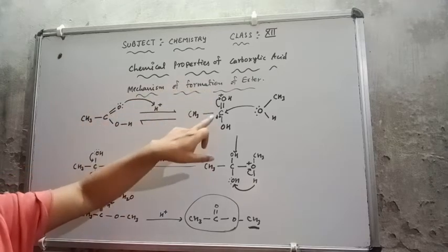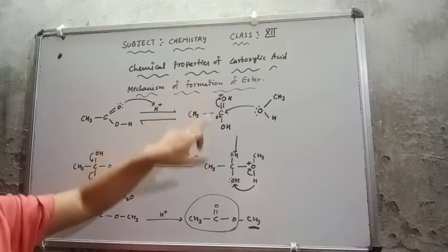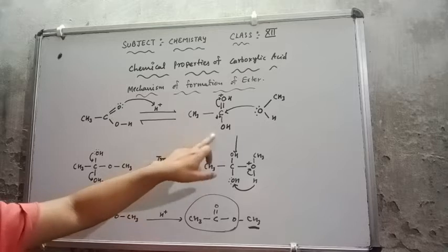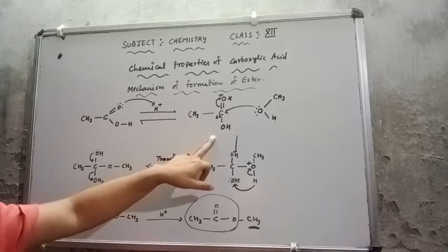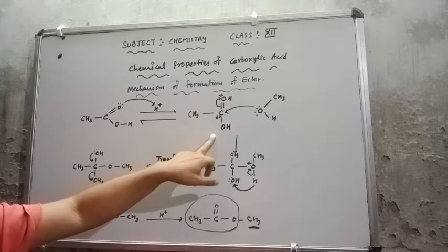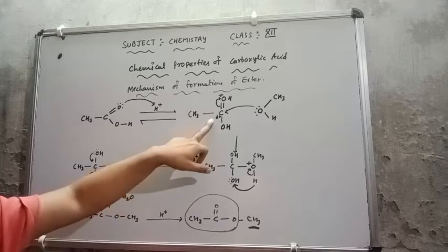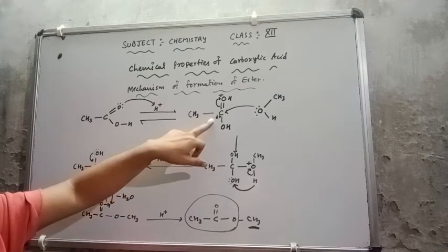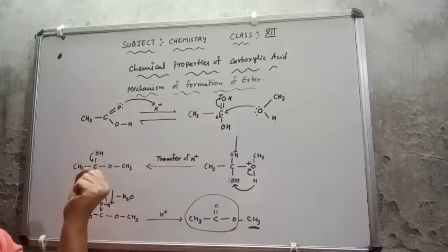Now you will see on this carbon both sides oxygen is available, meaning a more electronegative atom is attached, meaning it will easily attract the electron towards its side. So the carbon is electron seeking, meaning it has less electron, so it needs the electron.